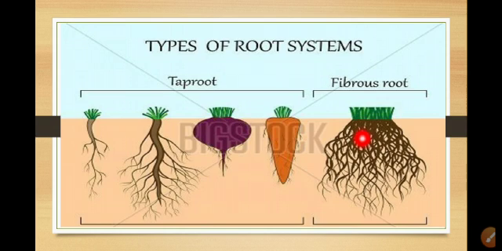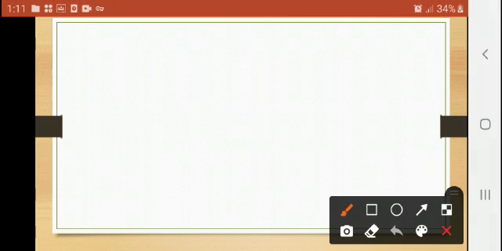So let's see how we can draw these two types of roots. This is very simple to draw these types of roots. I will help you to draw the taproot and fibrous roots. So first I will draw a taproot. This is very simple.